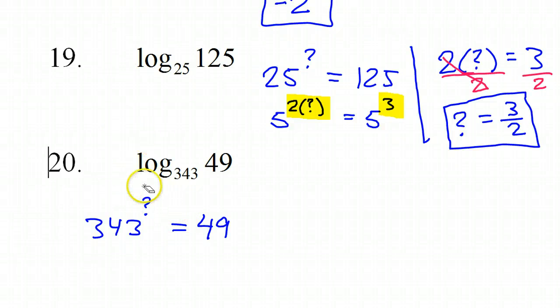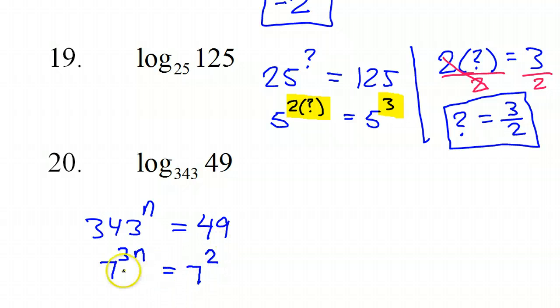Like I said, I'm going to make this an N instead of a question mark, but same deal. So this is really 7 to the third power, and you've got your n there. Meanwhile, this is 7 squared. Now that the bases are the same, I know that these exponents must be the same.